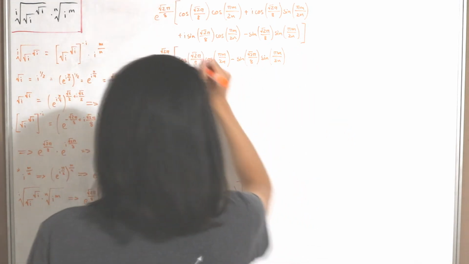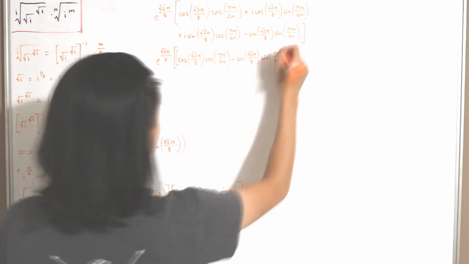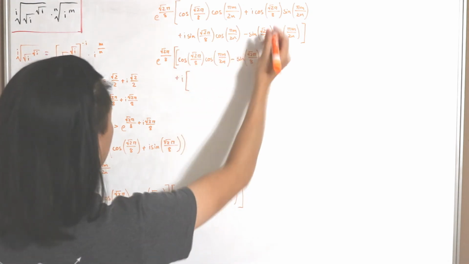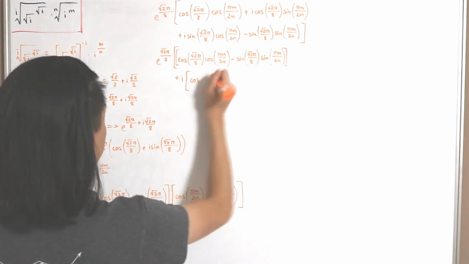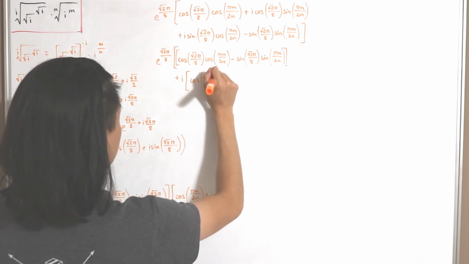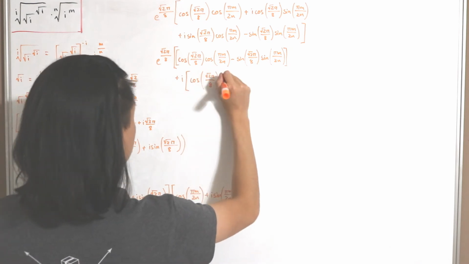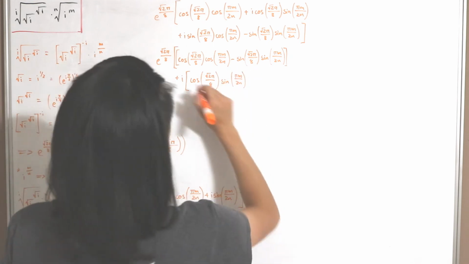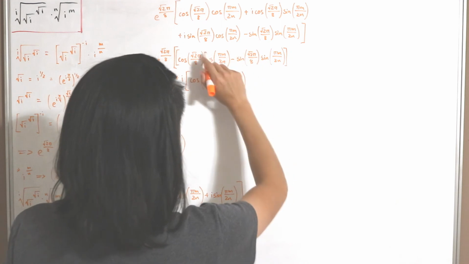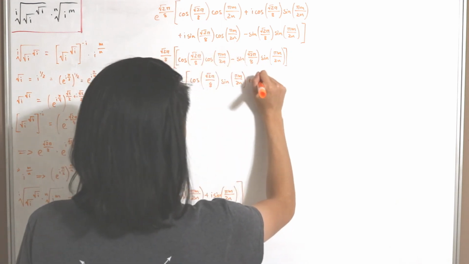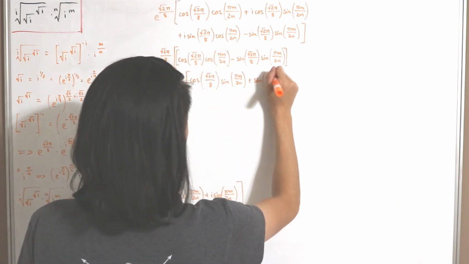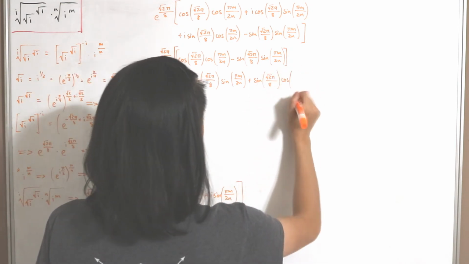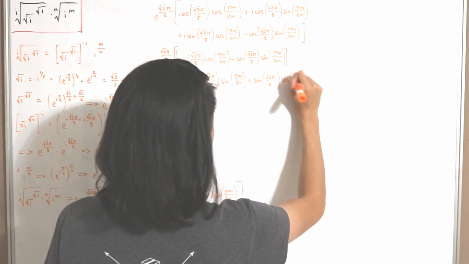I'll draw another bracket over here, and then plus i times the imaginary piece, so cosine of square root of 2 pi divided by 8 times sine of pi m over 2n, added with sine of square root of 2 pi divided by 8 multiplied with cosine of pi m over 2n.